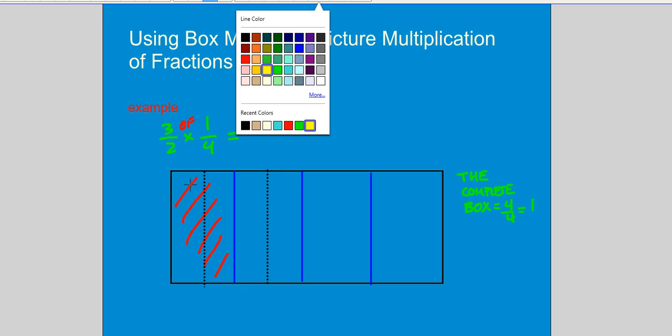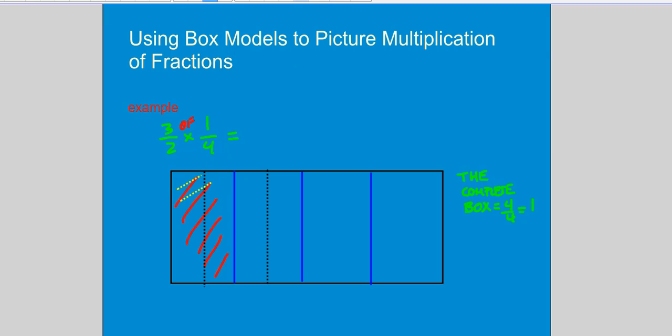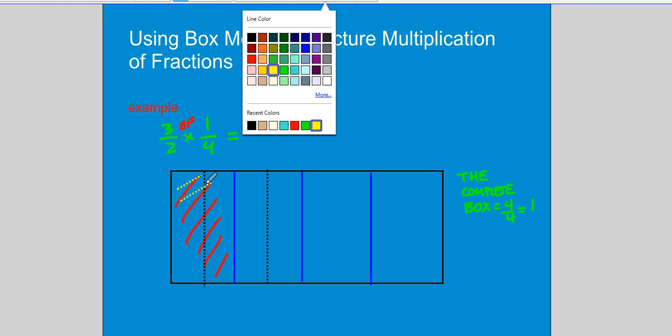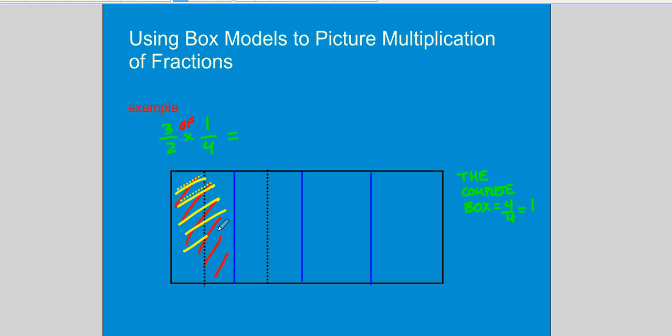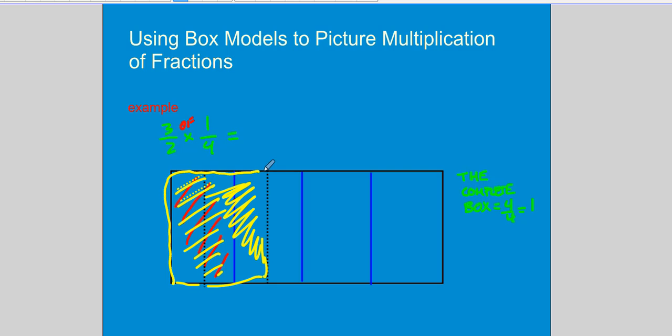I'll use yellow this time. Has to be this area. Let's use not the line, let's use a freehand here, yellow. It's got to be this right here. So this is, again, that's a fourth. This is 1/2 of a fourth, 2/2 of a fourth, so 3/2 of a fourth is right here. Okay.